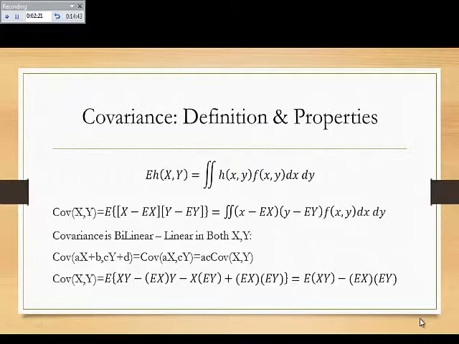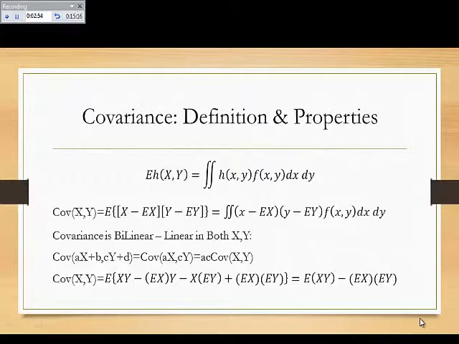Now one important consequence is about the covariance of aX plus b and cY plus d. First of all, the constants don't enter into the covariance, because you take x minus E[x], you center x, so if you add a constant to x, then that also gets added to the expectation. So when you subtract x minus E[x], that will disappear.